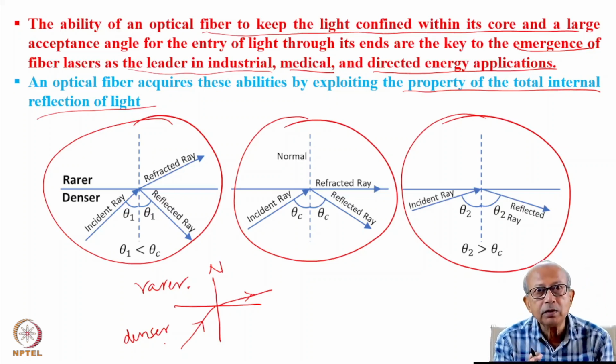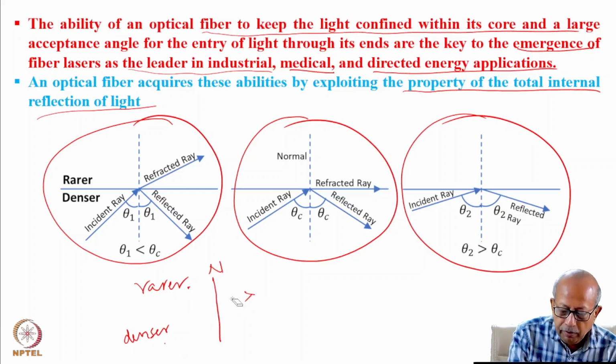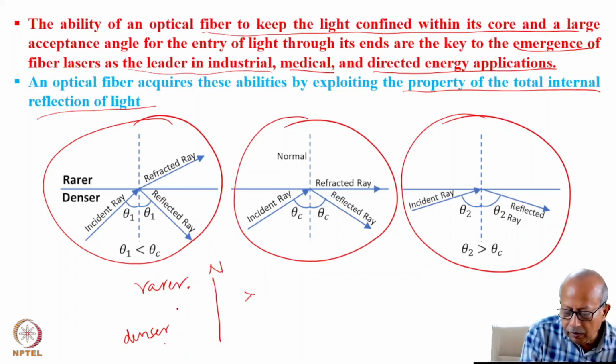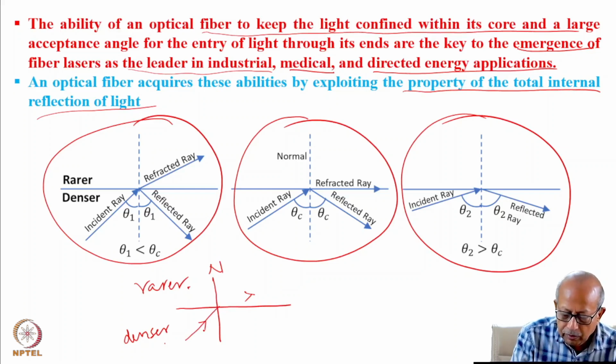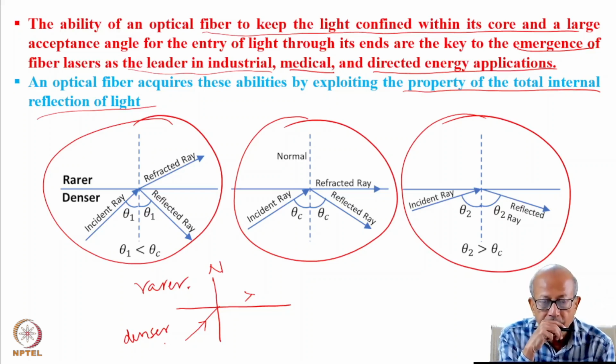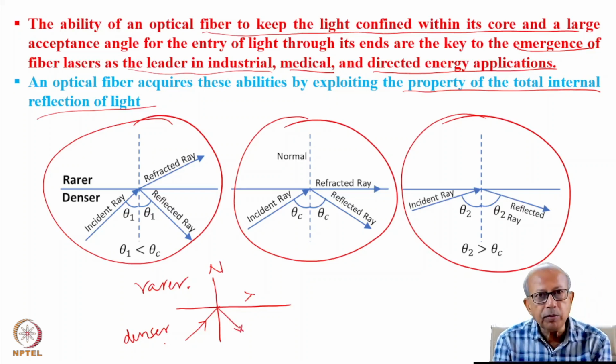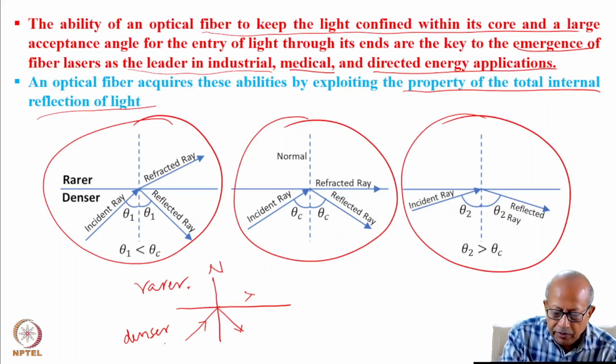How do you do that? You know that when light falls on an interface, a part of light is reflected back into the incident medium, and the rest of the light is refracted into the second medium.